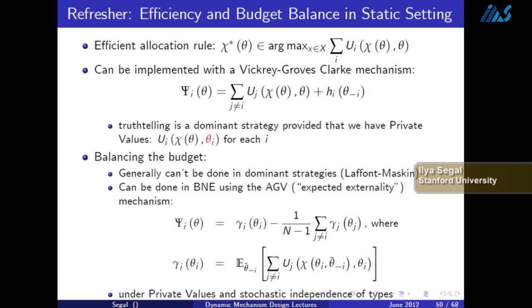Okay. But you're not going to get dominant strategies without private values anyway. Well, sometimes, in some cases, you can get Bayesian equilibrium. You can get ex post equilibrium with. Oh yeah, sorry. But not dominant strategies. Yeah, that's right.